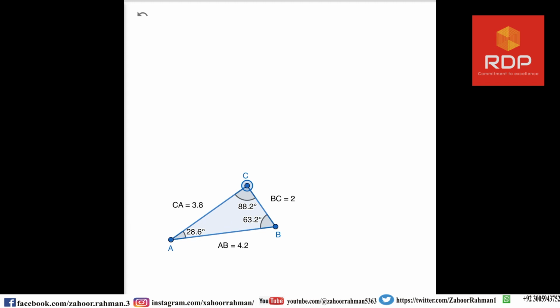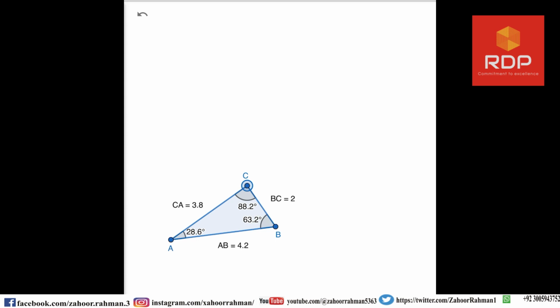We change the sizes of every side of the triangle, which you can see that AB is equal to 4.2, BC is equal to 2 and AC is equal to 3.8.